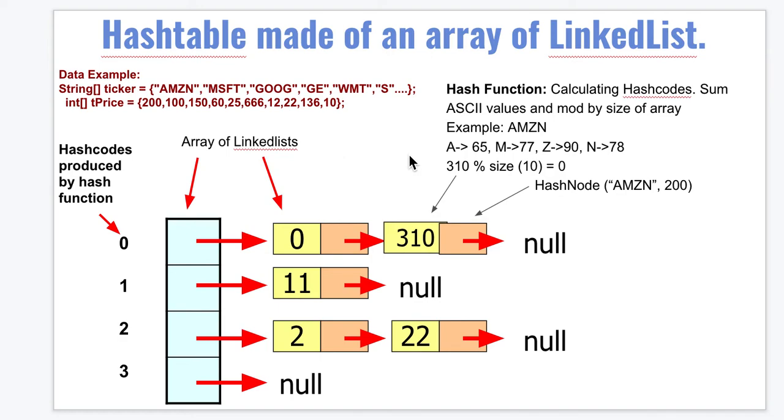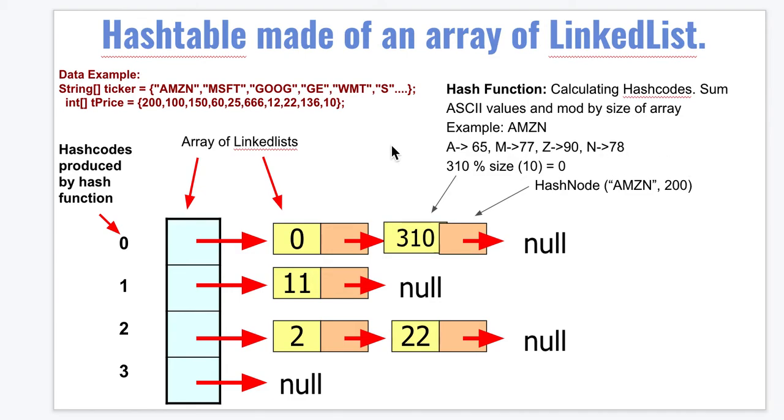And so you can imagine this coming in from maybe NASDAQ's API or something like that, and you would save that to a hash node. Hash node would be a class that I'm going to show you in a minute that just has a key, which in this instance is our Amazon stock ticker symbol, and a value, which is the stock price.